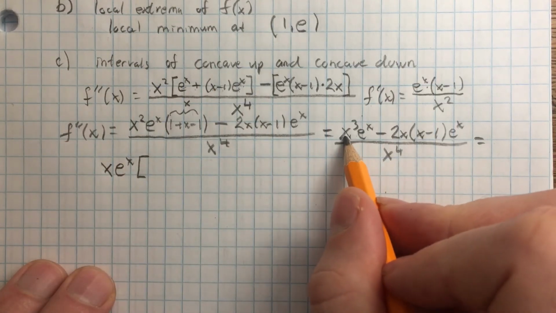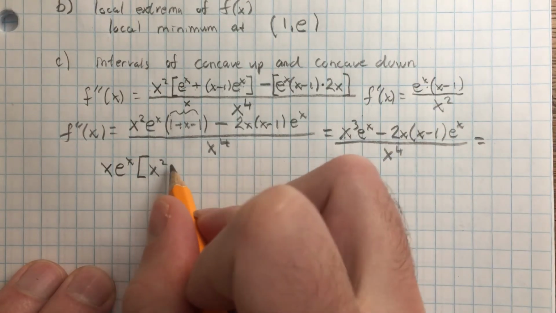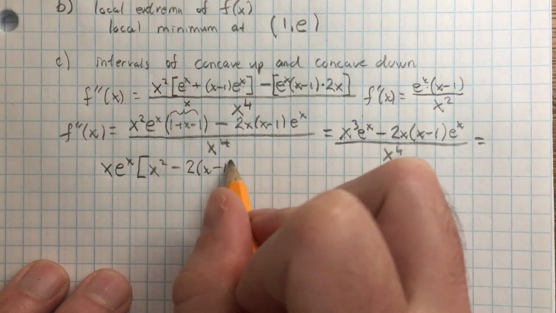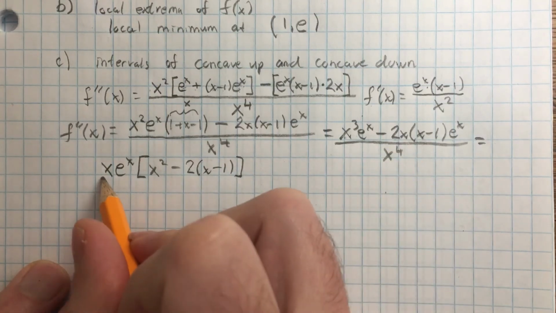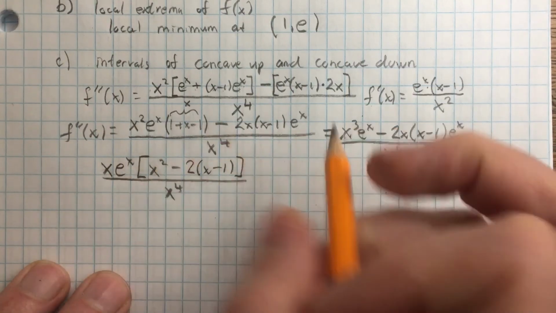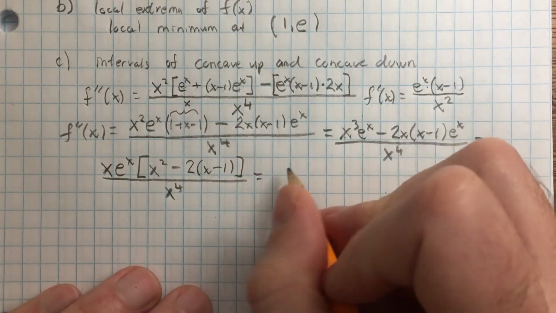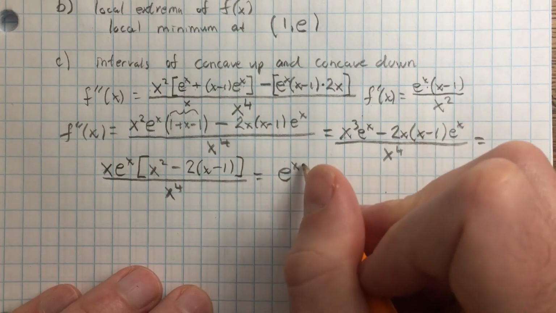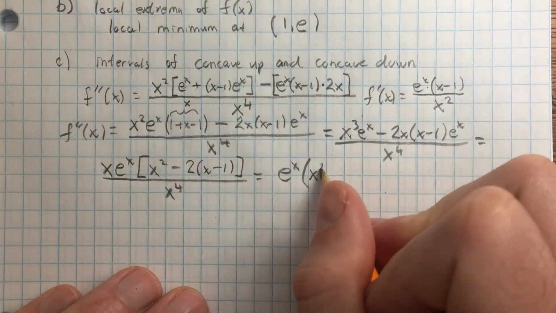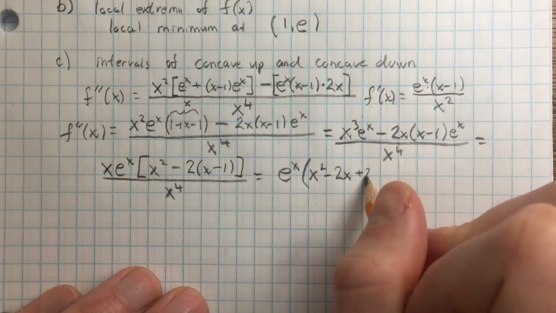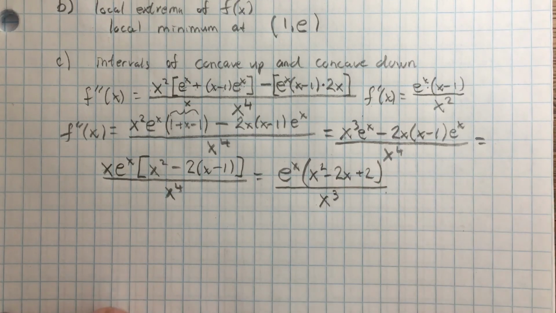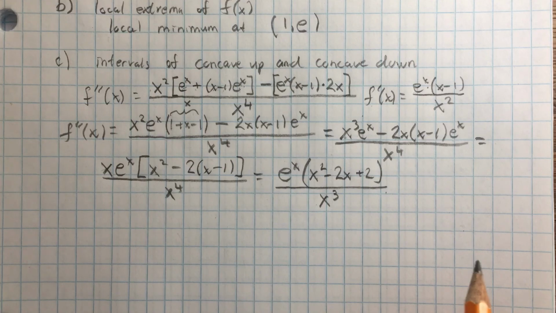We have left, we'll have x squared left on the first term. We'll have 2 times x minus 1 left on the second term. We can now cancel the x on the outside with the x to the fourth on the bottom, and that will give us e to the x times x squared minus 2x plus 2 all over x cubed. Right, so that's about as nice looking as it gets.